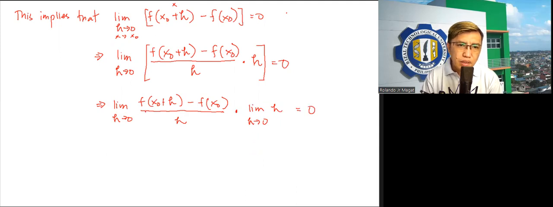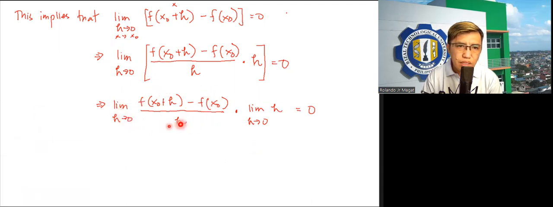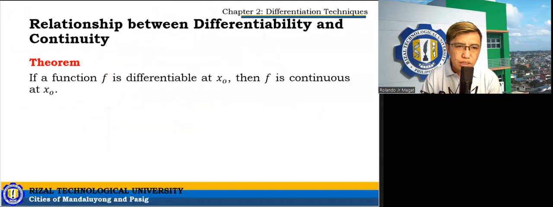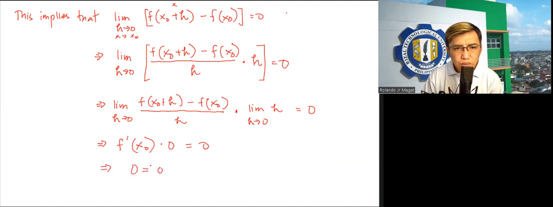So basically, tingnan itong part na to, if we're going to see the definition, that is f prime of x naught. Okay? That is f prime of x naught. So that means that this is f prime of x naught. Then we know that the limit of h as h approaches 0 is 0. So multiplied by 0, is that equal to 0? And we know that this is 0 is equal to 0. Okay? And that ends our proof.